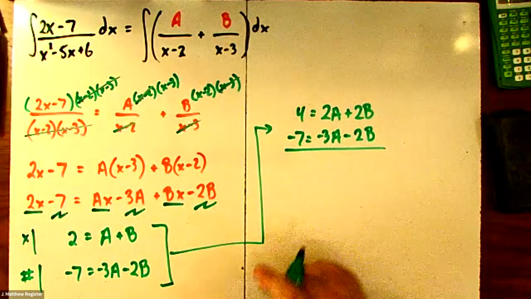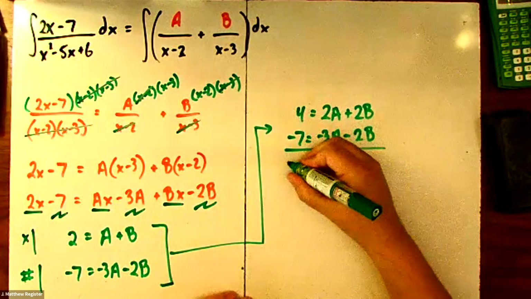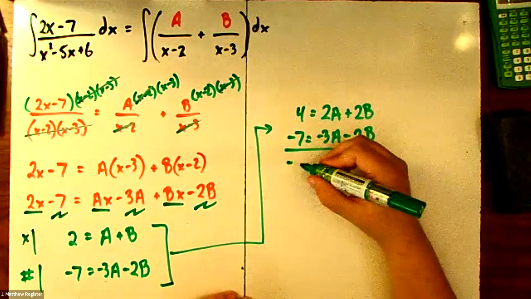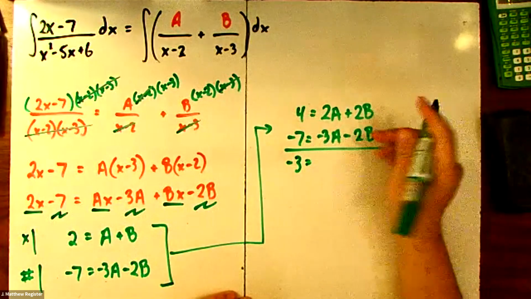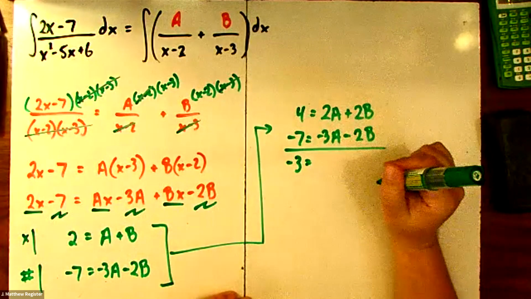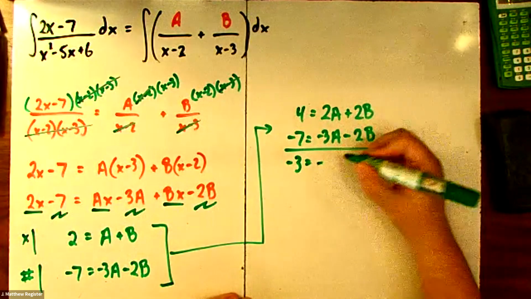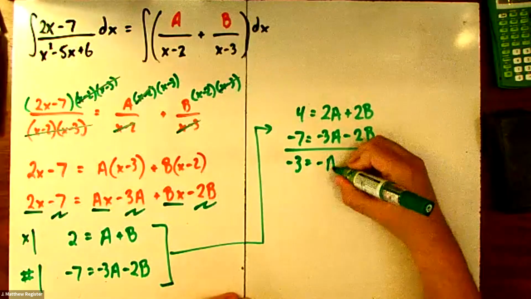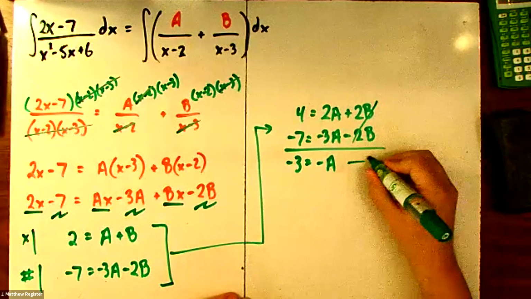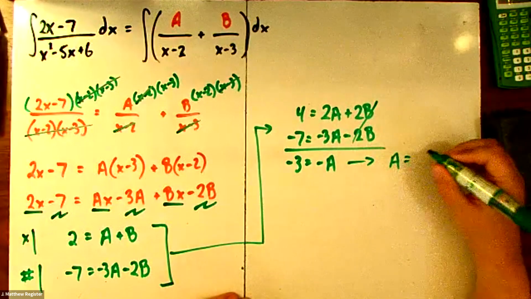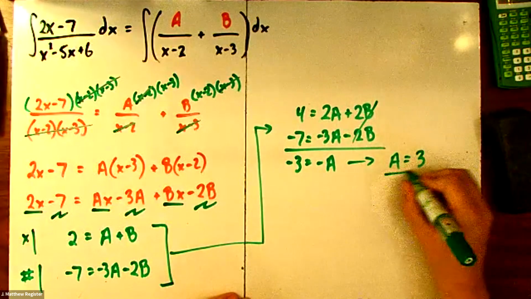Adding them together, we get 4 minus 7 is -3. My numbers aren't working today. 2a minus 3a is going to give -a, and then our b's cancel out. So that tells us that a is equal to 3.